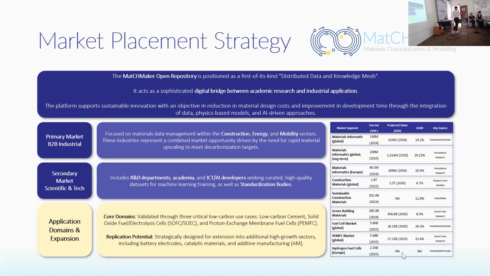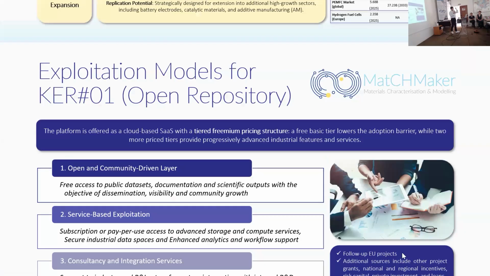Core domains, as I said before: we focused on 3 critical low-carbon use cases, but of course this open repository will be involved in additional high-growth sectors like biomaterials, for example, additive manufacturing, and so on.